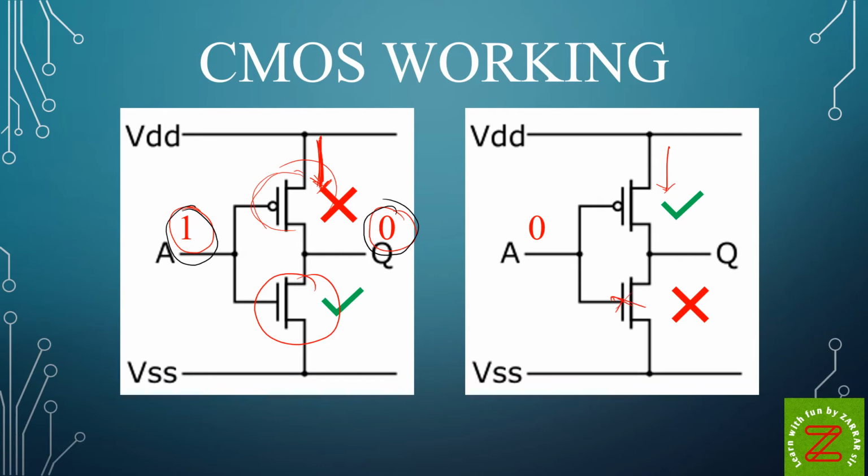If this is not activated, no current will flow from drain to source. That means all this current will go to the output side and we will get output as 1. So it's a fantastic way that you can understand CMOS working as an inverter. So CMOS works as an inverter.